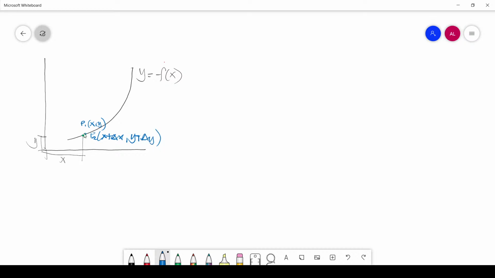Alright? So if we connect point 1 and point 2, it will of course be a straight line.